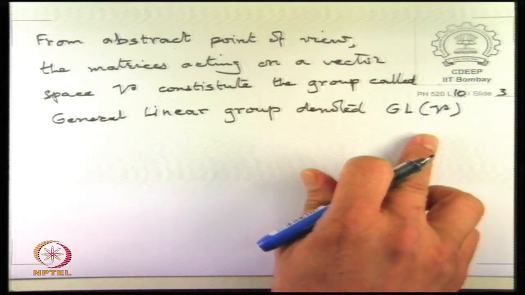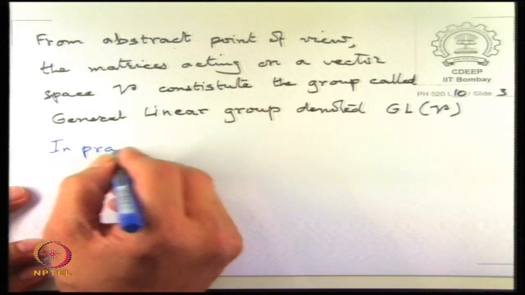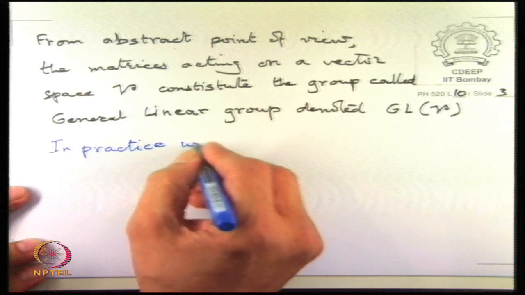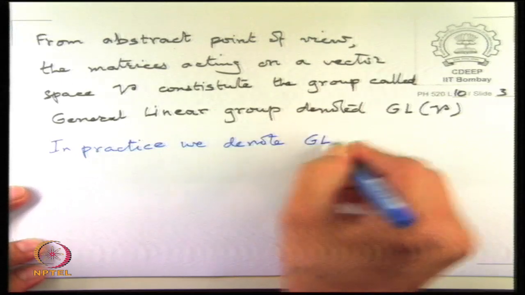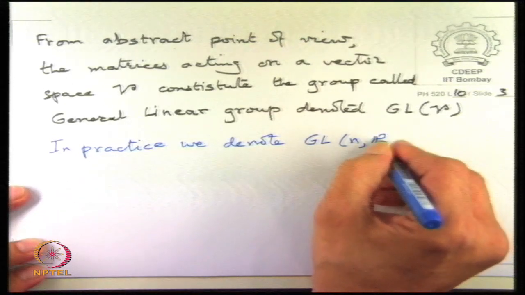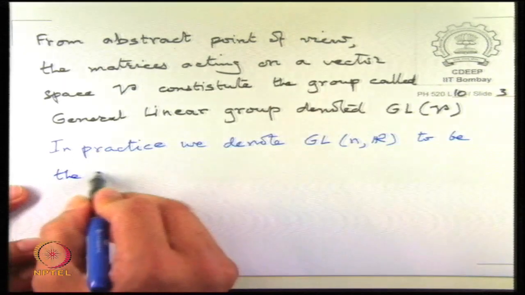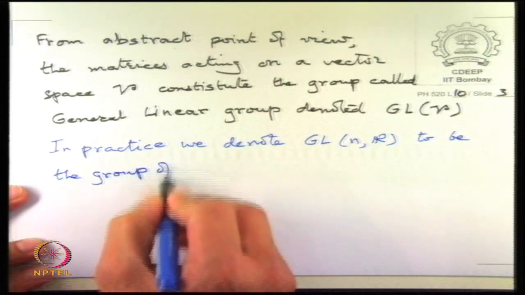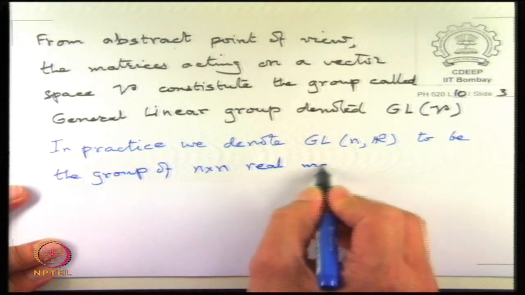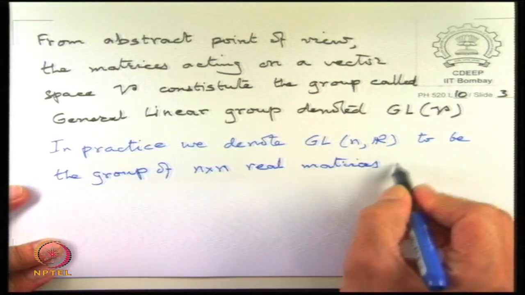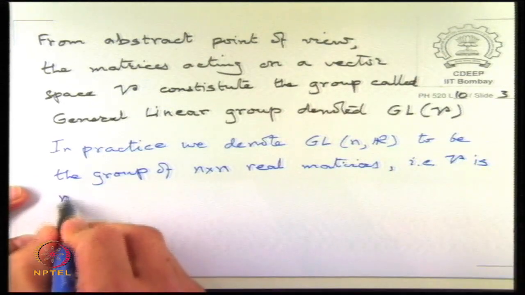We will be using it for a short time, for 1 or 2 lectures, but in practice we denote GL(n,R) to be the group of n by n real matrices, i.e., the vector space is identified to be n-dimensional real vectors.